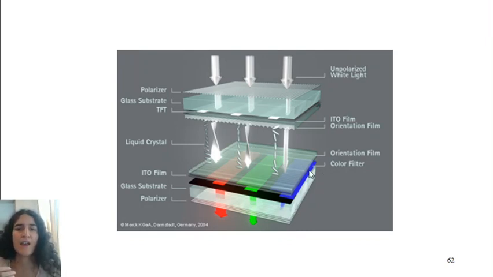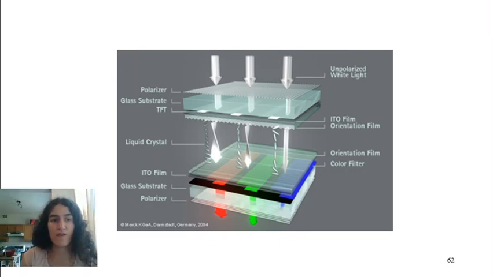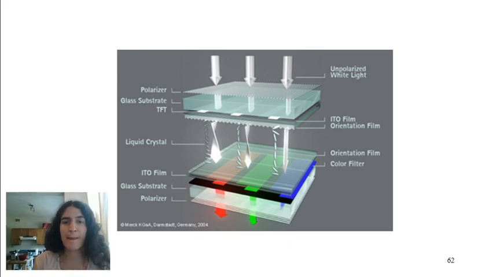And so this basically controls the color and the intensity of light in each pixel of the LCD display. Okay.